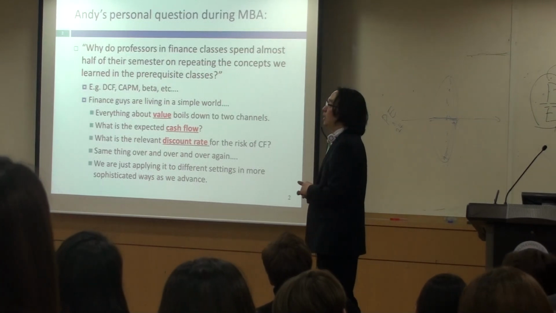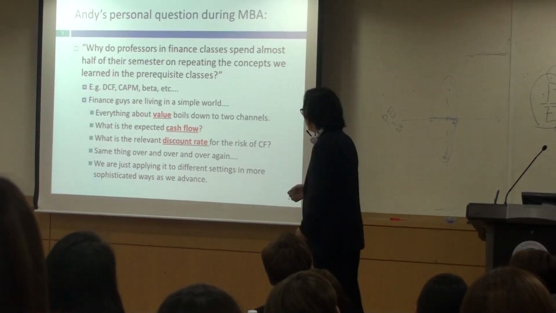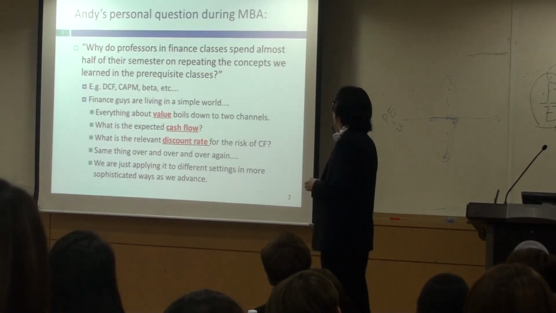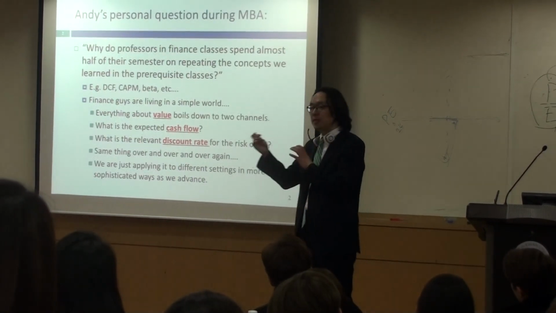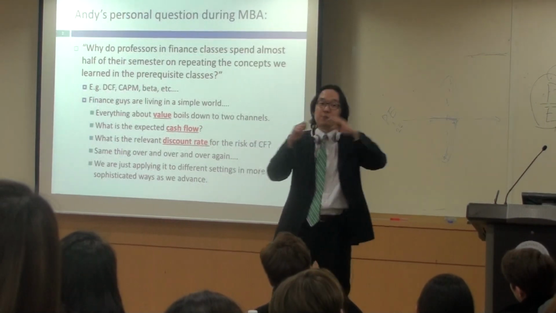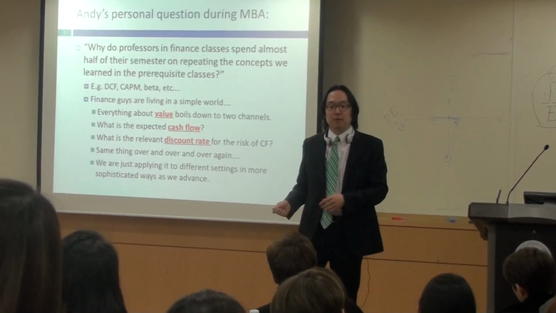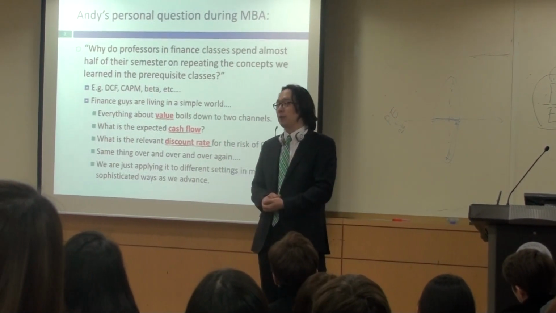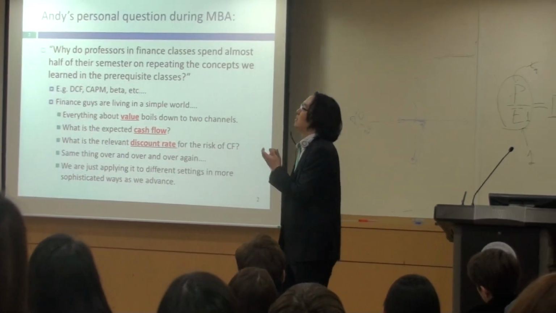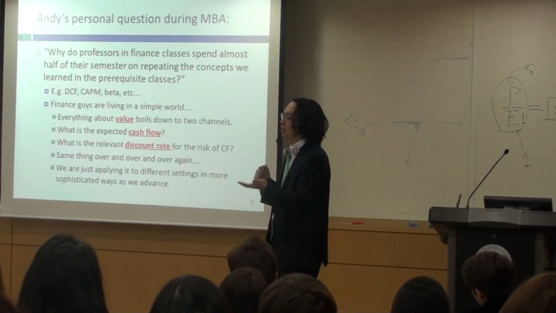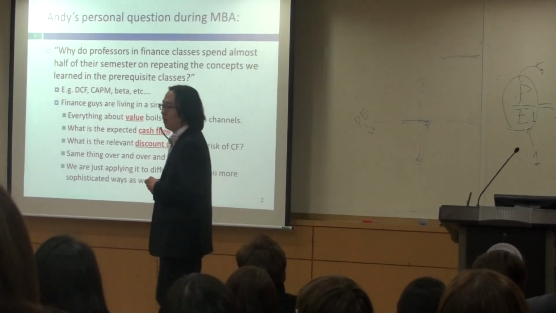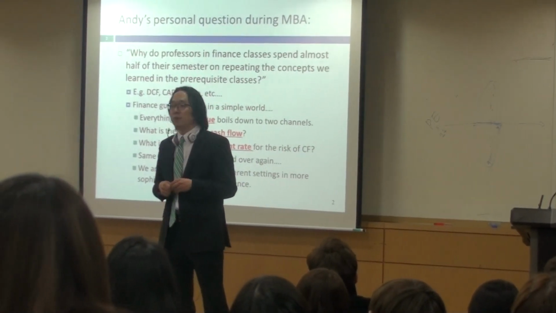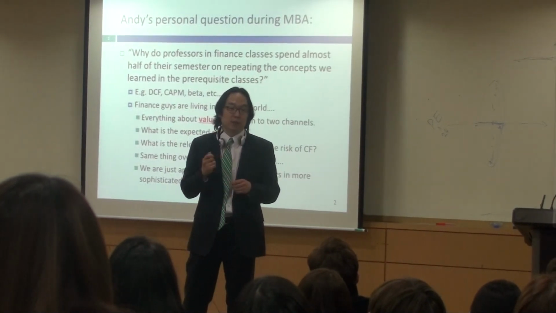That's why we have to refresh those memories here again. Also, those basic fundamental building blocks get repeated in different settings and applied to slightly different things. That's why it looks like the same thing appearing again. That means once you master this, you will be thriving everywhere in finance.